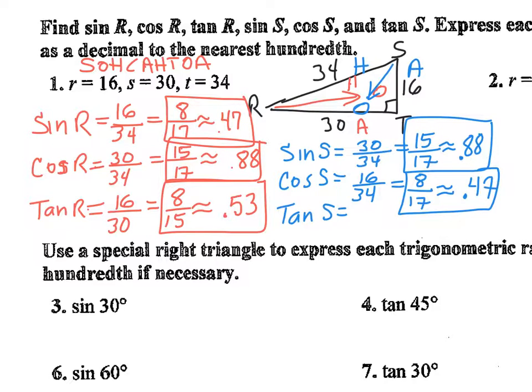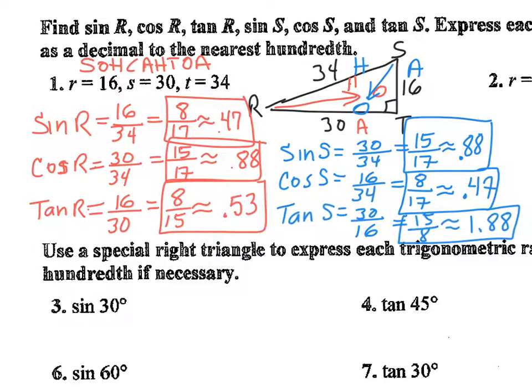And the last one, tangent of S, is opposite, which was 30, over the adjacent, which is 16. When you reduce it, that was 15 over 8, and that is approximately 1.88 to the hundredths place. That is right.